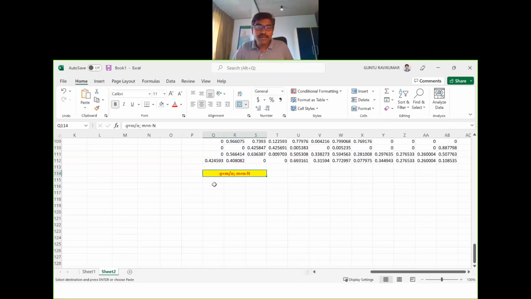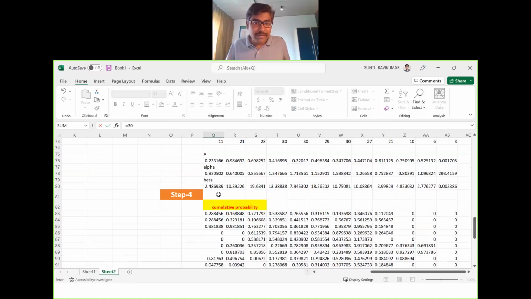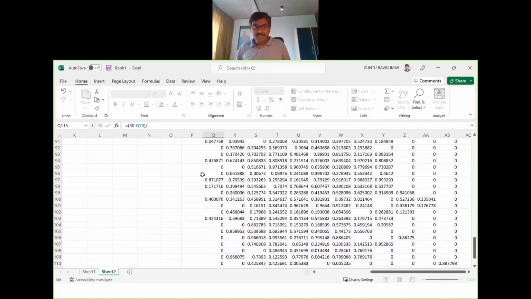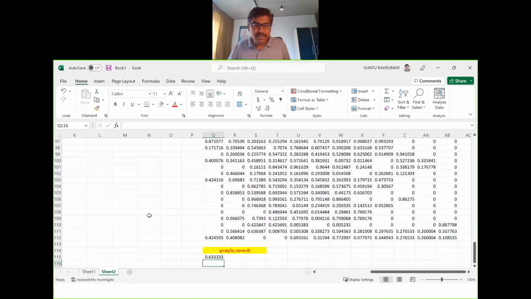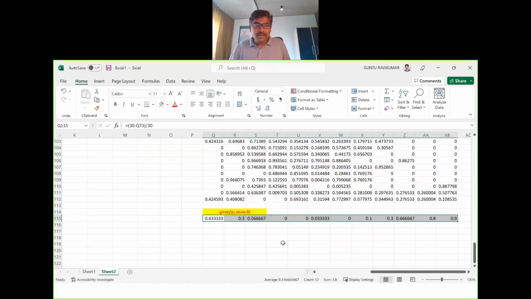So I am calculating the Q here. Total is 30, so 30 minus, here I've calculated capital N. Keep this in close bracket, divided by 30. And then drag it for all the months. Great.